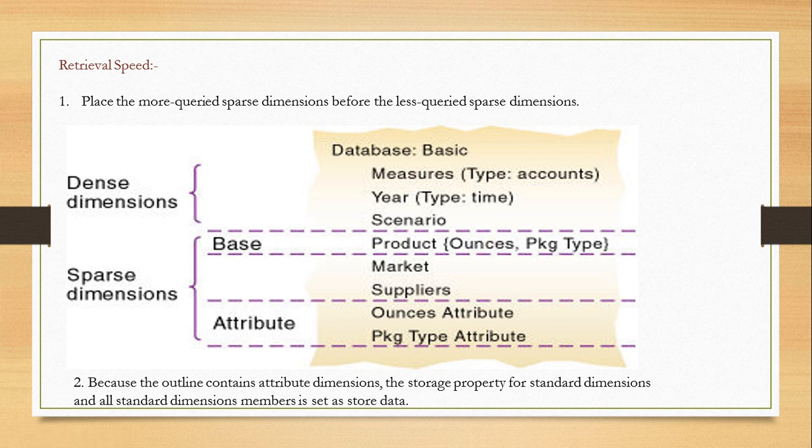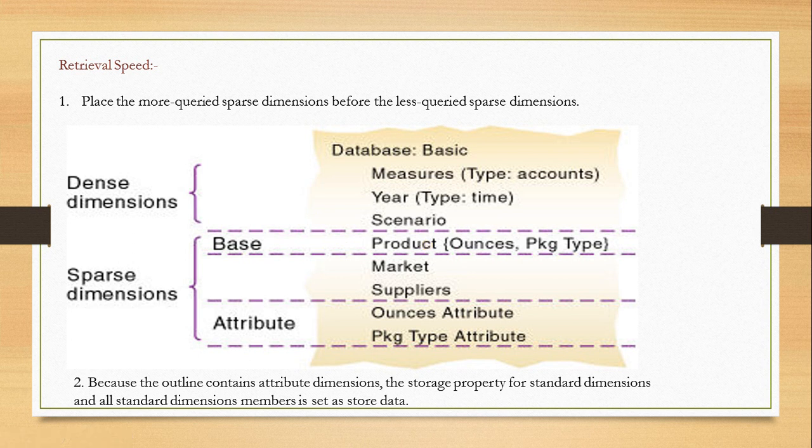So whatever data the user retrieves will be mostly based on the package type and the ounces. His analysis trend will be strongly based on them. So in this case, this design suits fine.